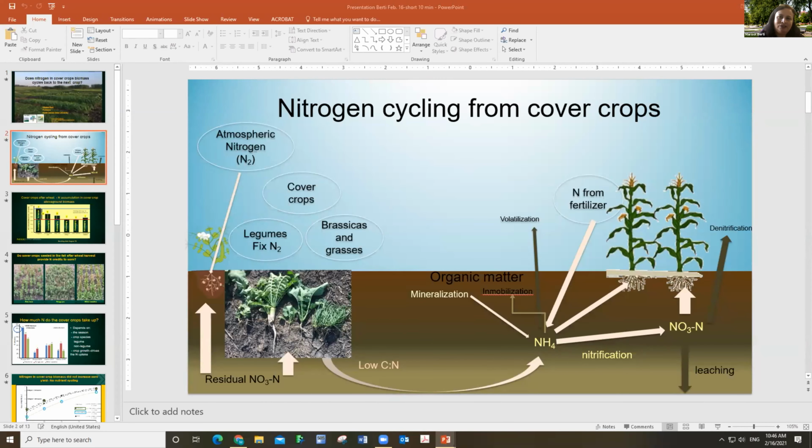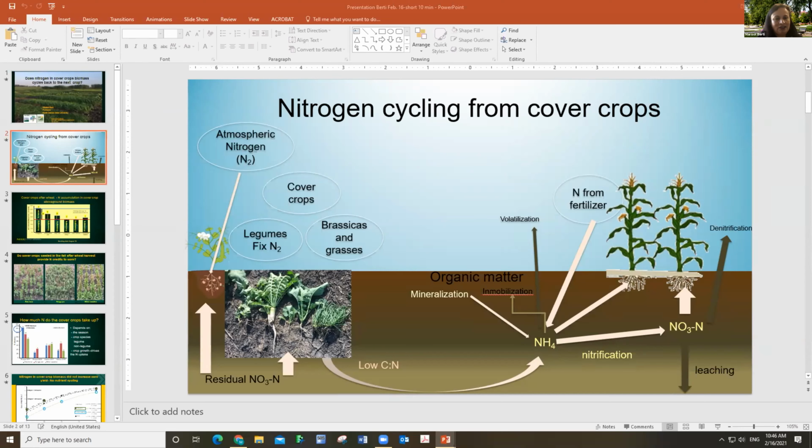The nitrogen cycle, I know you've seen it many times, and from cover crops we know that we get nitrogen from the atmosphere, which can be fixed by legumes. Other cover crops, brassicas and grasses, actually take up residual nitrate from the soil.